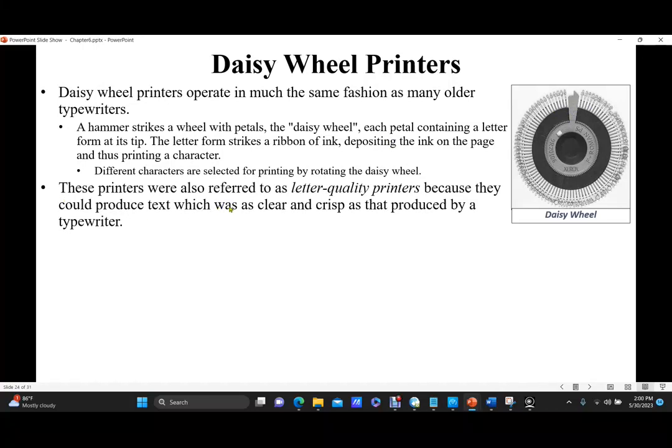These printers were referred to as letter quality printers. They could produce text clear and crisp, exactly the same as produced on a typewriter. The fastest of these printers printed at about 30 characters per second.